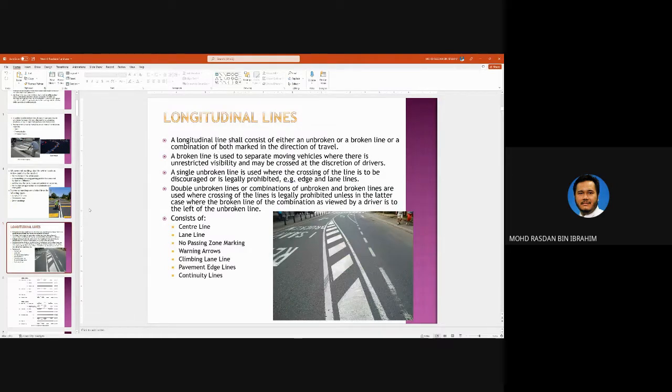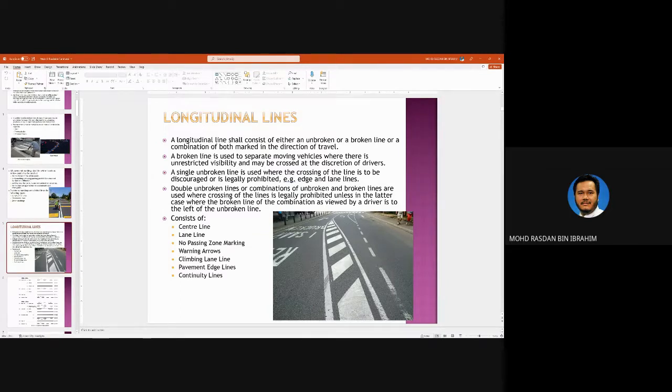A broken line is used to separate moving vehicles where there is unrestricted visibility, meaning that you can overtake and cross this line. A single unbroken line is used where the crossing of the line is discouraged or legally prohibited. So you cannot cross this type of line.